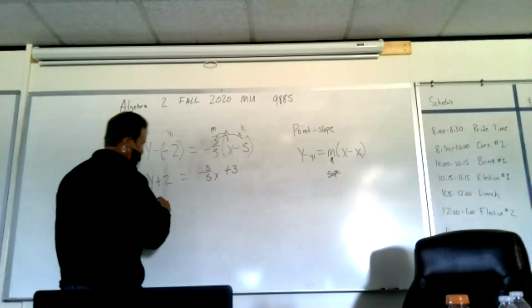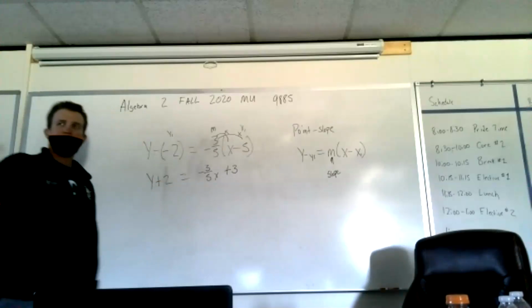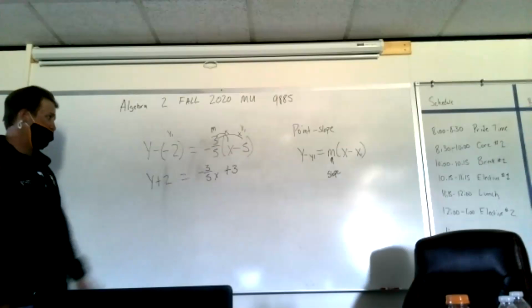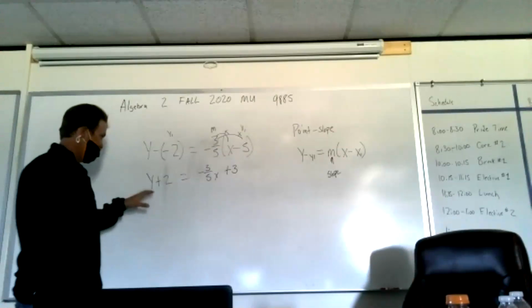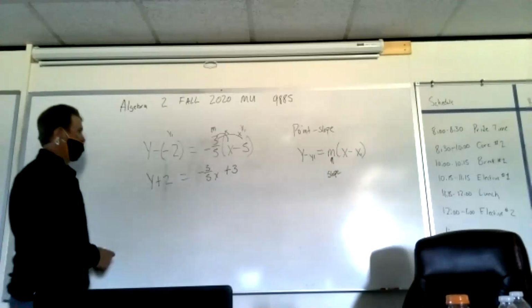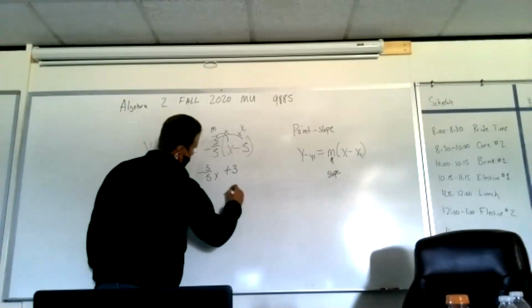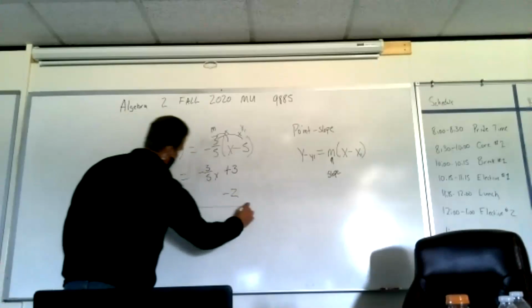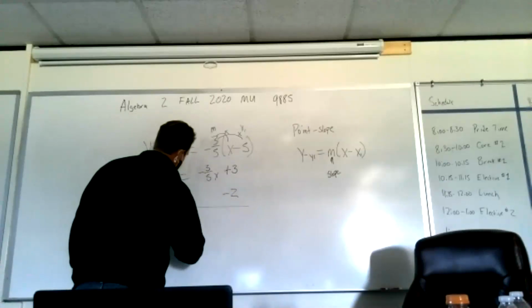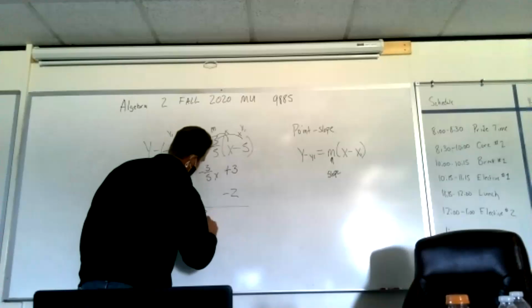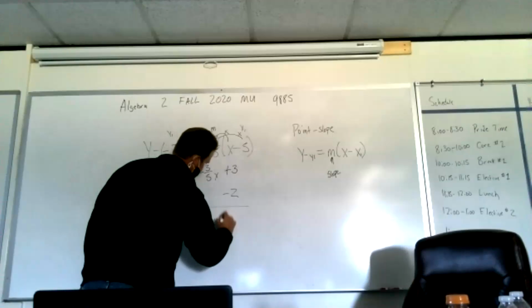Like I said, it's always y equals. It's never y plus 2 or y minus 2 or 6 times y is equal. It's always just y. So to do that, I would subtract 2 from both sides, and I would be left with y is equal to -3/5 x plus 1.